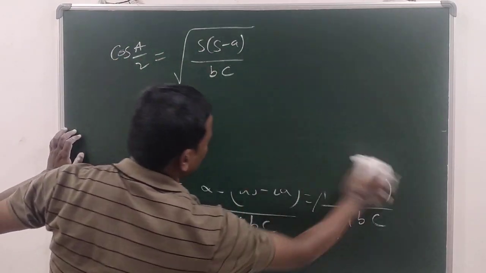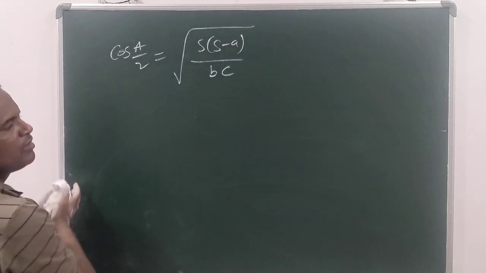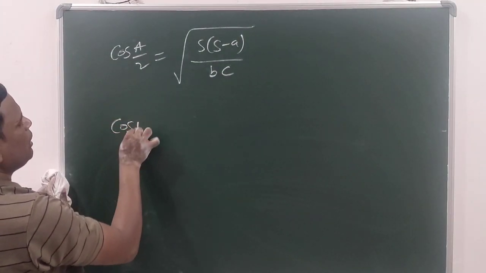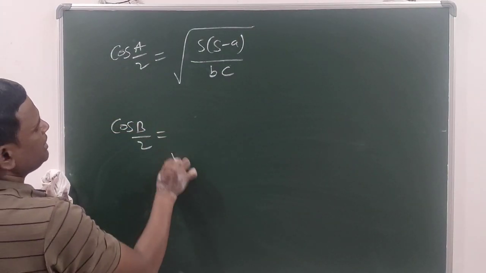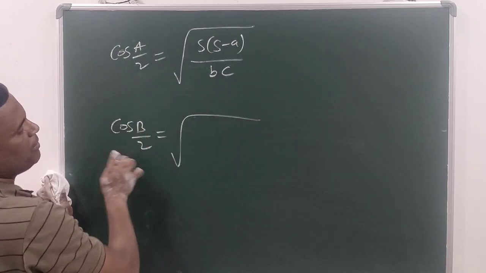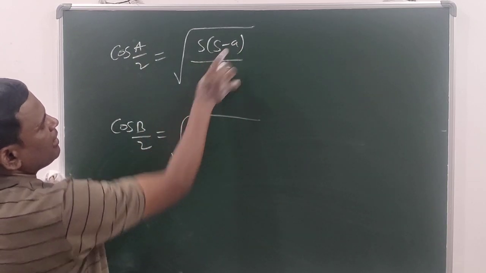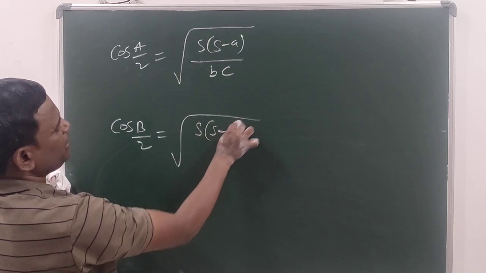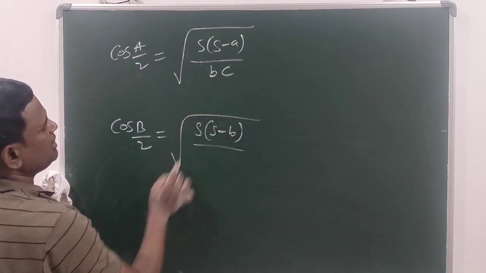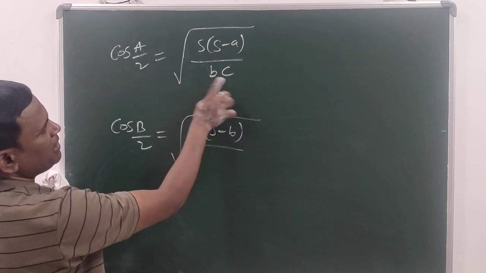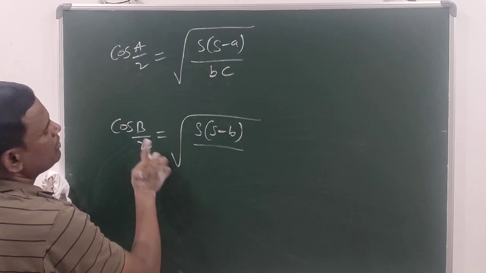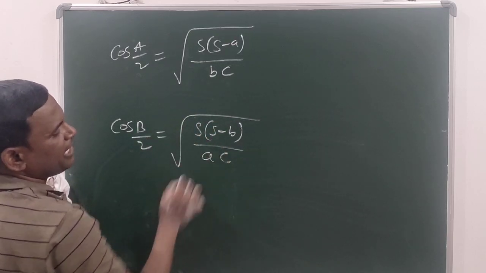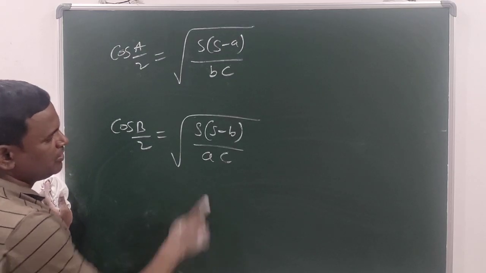Similarly, can you write cos B by 2 and cos C by 2? See, cos B by 2, what do you get? By this you can write cos B by 2. So here s into (s minus b) you will get. Here for A we got bc, and for B, except B, what do you get here? A and C combination will come.